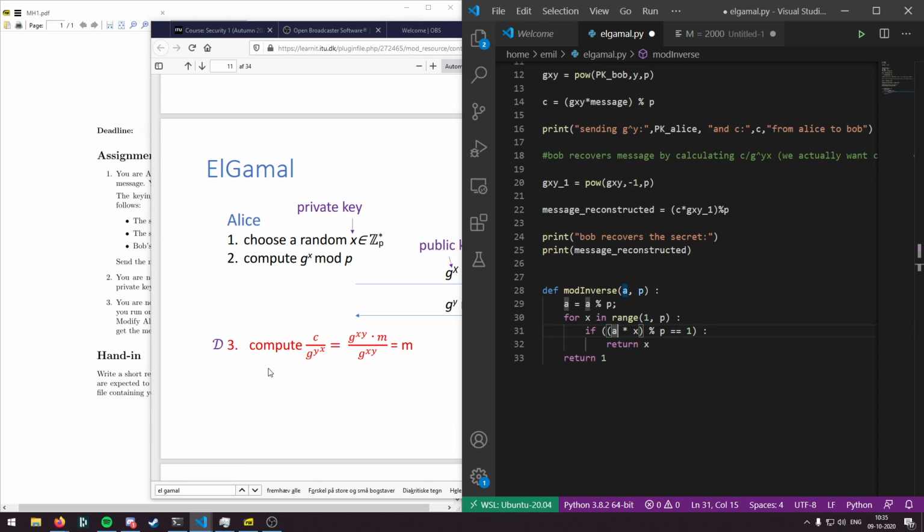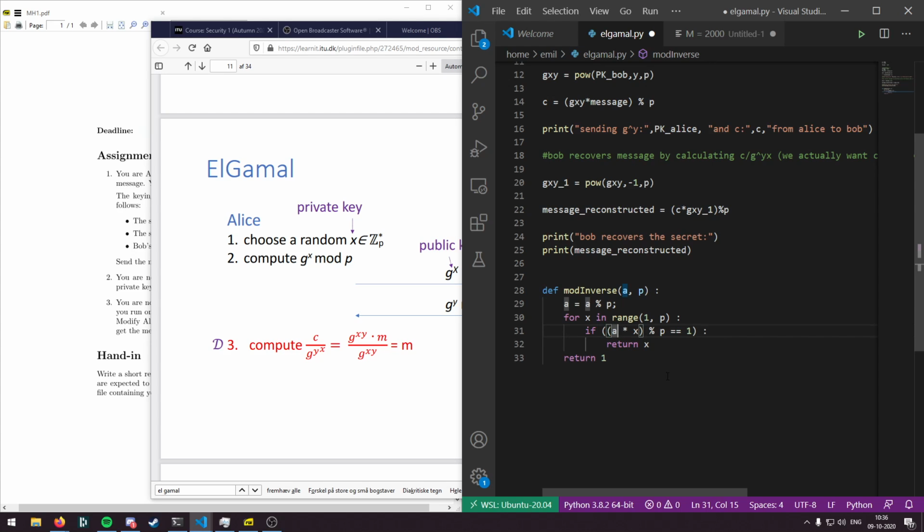I'm sure that if you look up efficient multiplicative inverse, then there will be some other nice and fast way of doing this. For the sake of not taking this for the longest time, Lorenzo, can you just put it in the chat and then people can look it up, because I want to get through this. Yeah, sure. I'm going to share it.